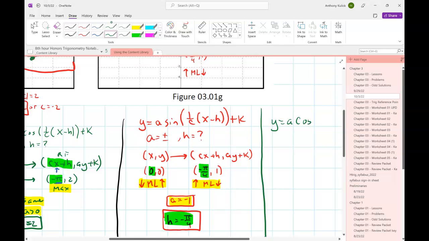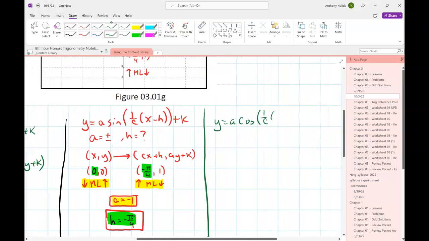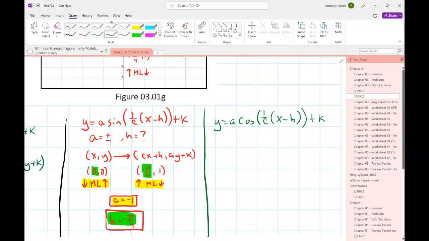So if I were doing the cosine, same process. We need to figure out whether the a is positive or negative, and then the value for h. What point from the parent function would I be taking?